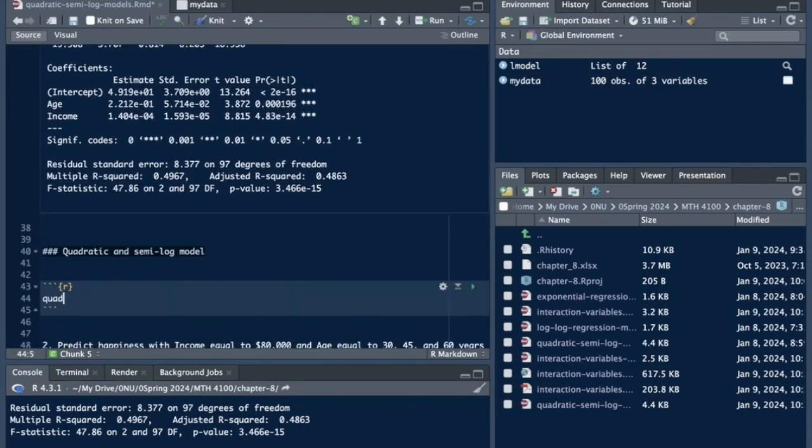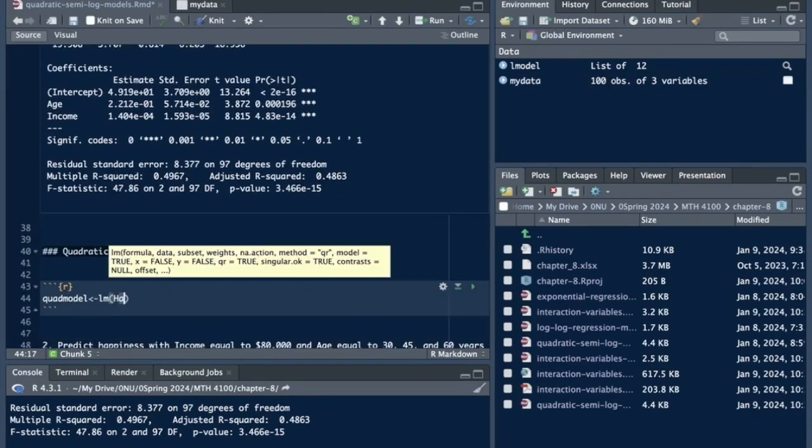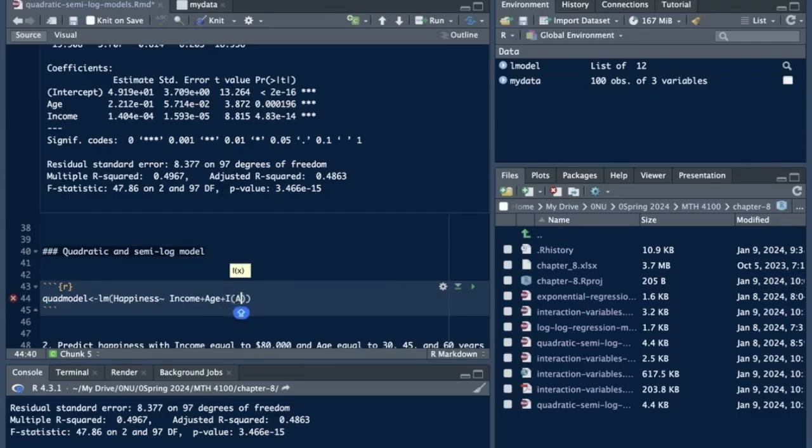Quadratic. Let's call it quad model. Happiness, tilde, not dot, because we need to add more terms: income plus age. When you add a squared term, we're going to use a function called I. You add I, parentheses, the variable squared, close the parentheses, plus semi-log.